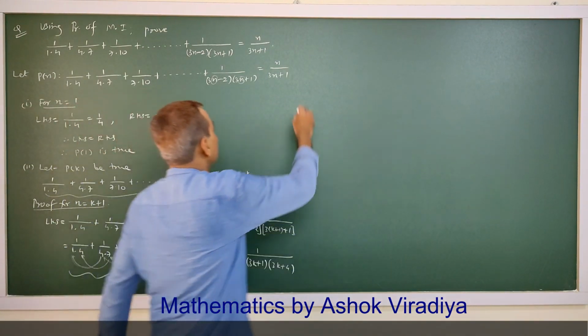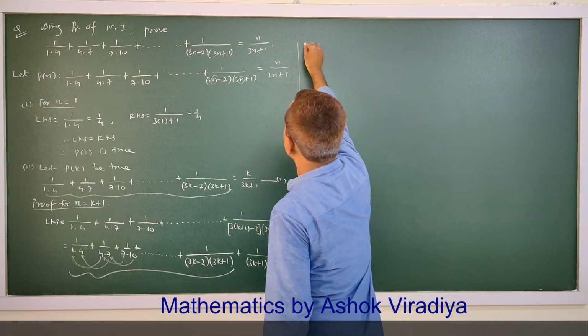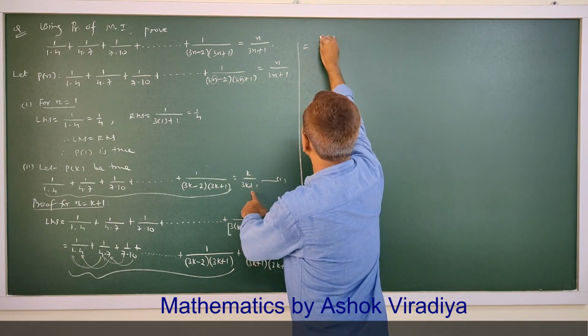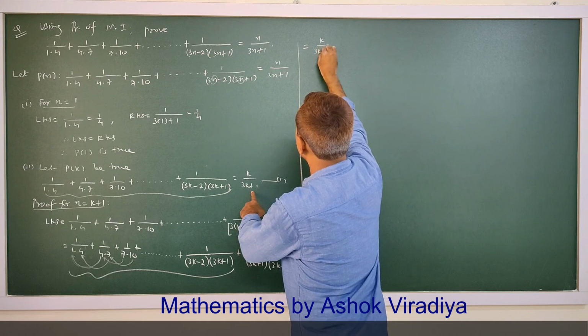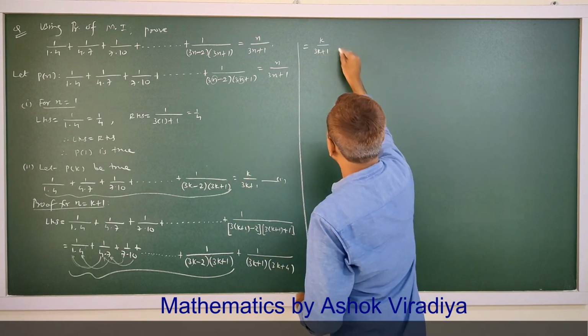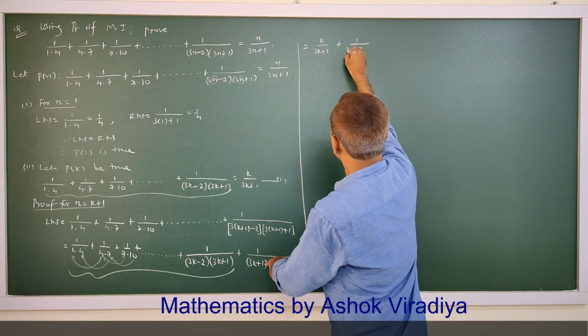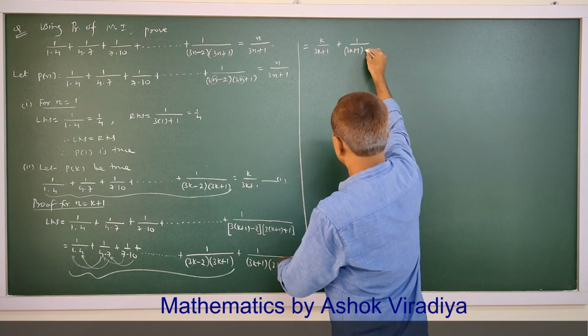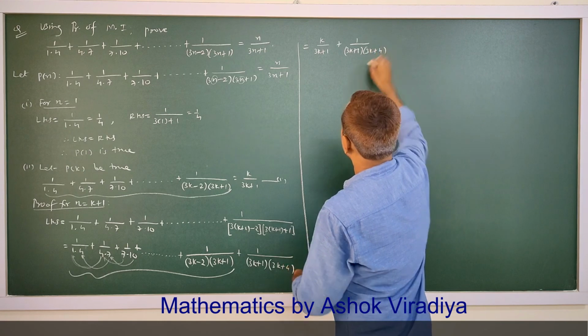So it is equal to k upon 3k plus 1, its value from equation 1. This term is 1 upon 3k plus 1, 3k plus 4.